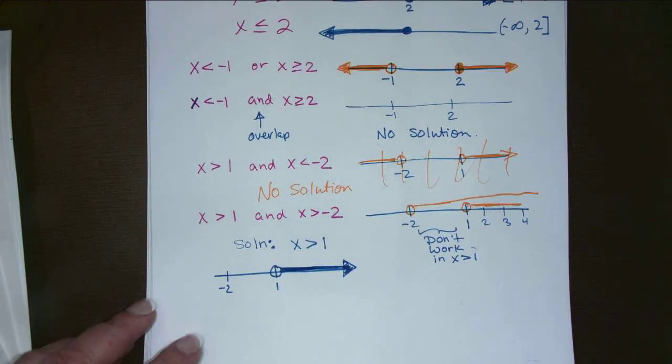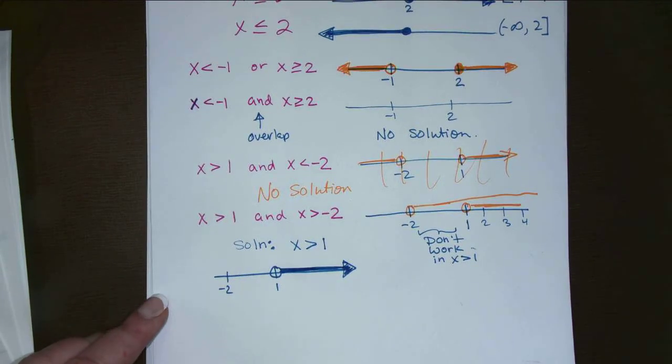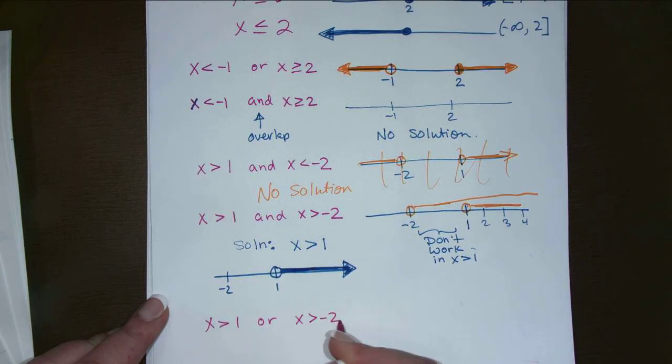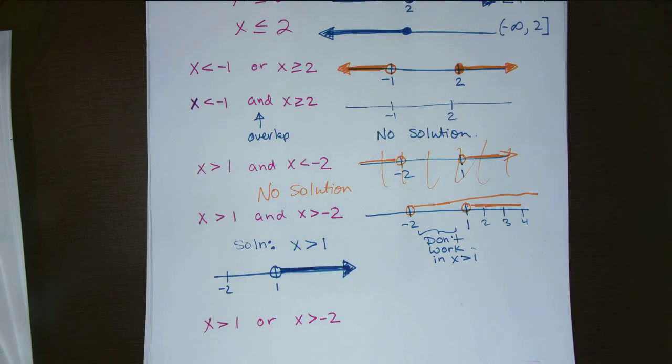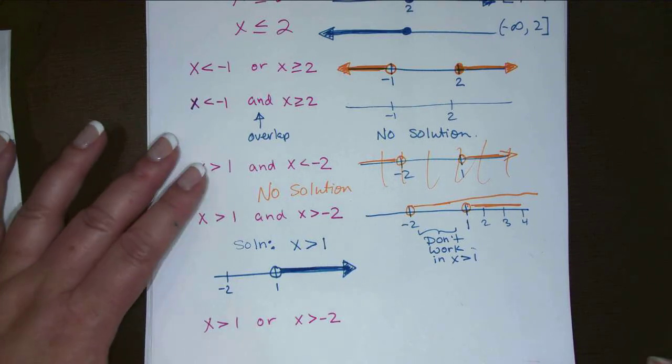Now what if I put an or between those same two? Or means it doesn't have to overlap. It can work in one or the other. It doesn't matter which one. You can pick answers that work in either. So how would we summarize this answer?